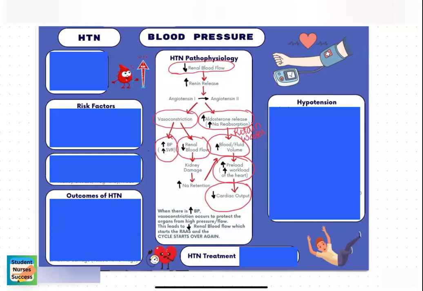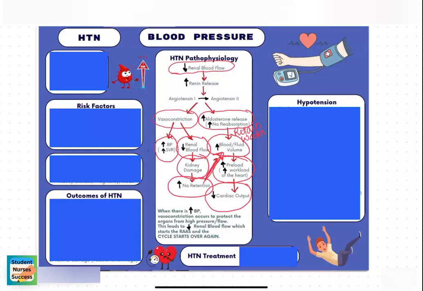This decrease in renal blood flow over time will damage your kidneys, and that will cause them to not be able to get rid of sodium, and it'll cause increased sodium retention, which we know leads to increased blood volume, which increases your preload, the workload of the heart, and over time weakens the heart and decreases the cardiac output.